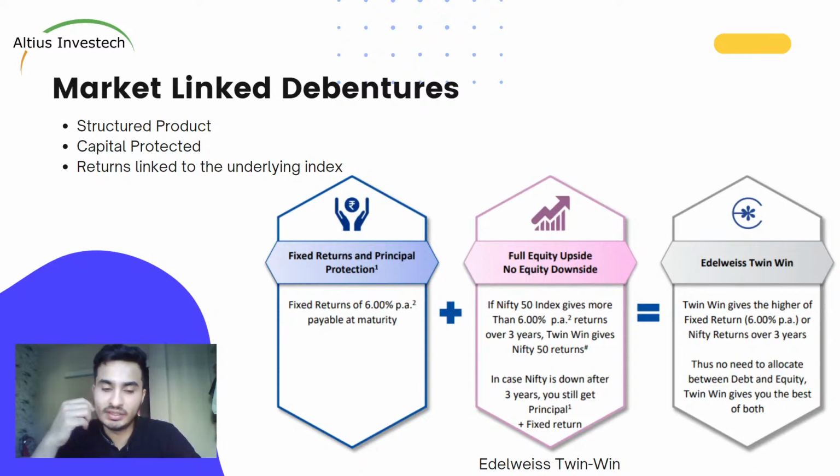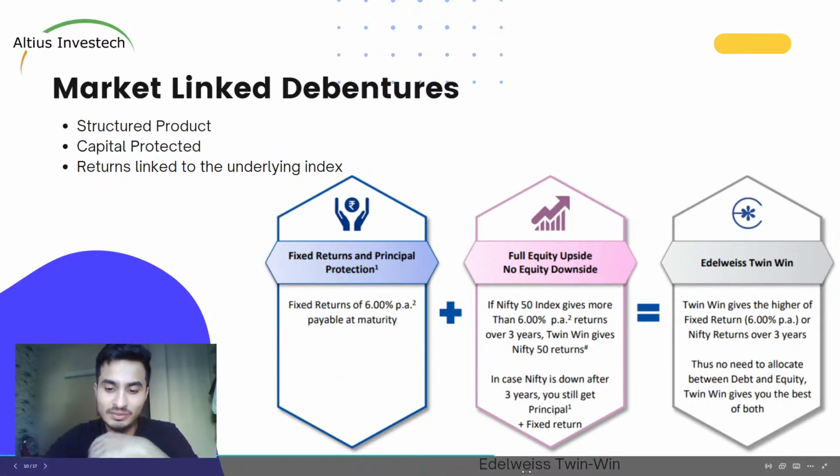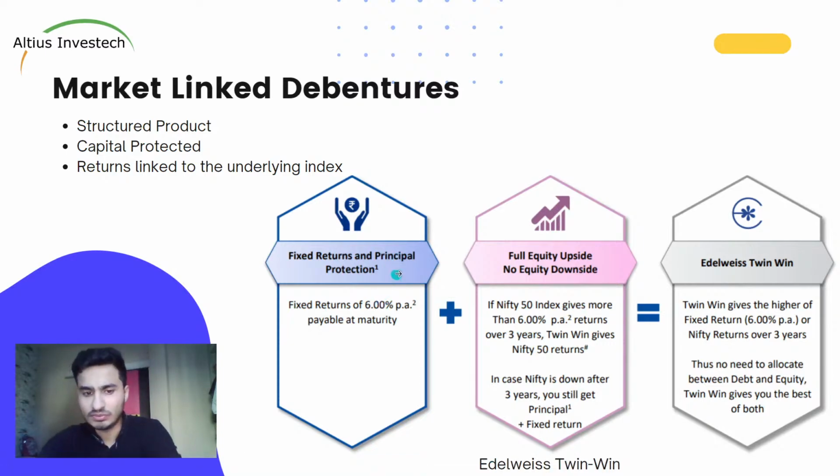The underlying index could be GSEC or Nifty. In this case, when you are investing in an MLD, your capital is always secured. To understand it better, let's take a look at an example, the product from Edelweiss. This is called the Twin Win.